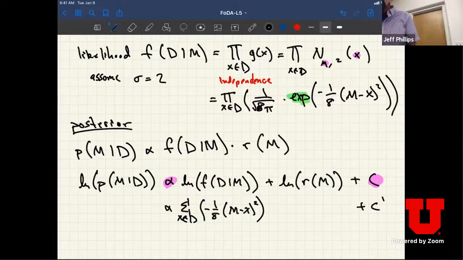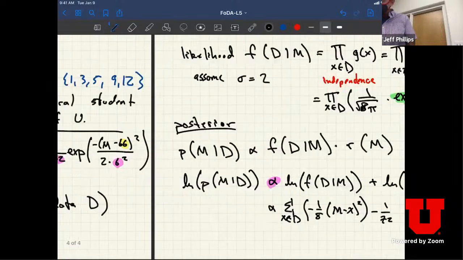And then I'm also going to have a term. Remember from our prior, we also assumed it was going to be some normal distribution, so it's going to have the same basic form here. I'm going to write minus now the denominator. Before this was 1/8, now it's 1/72.